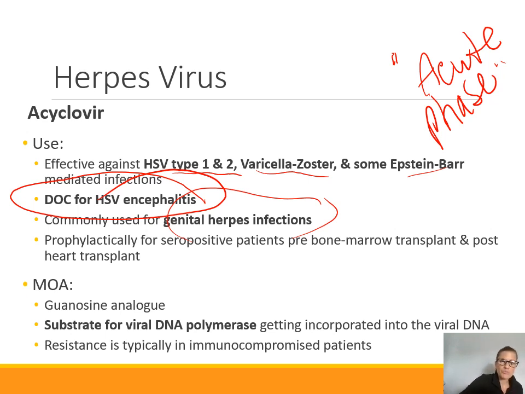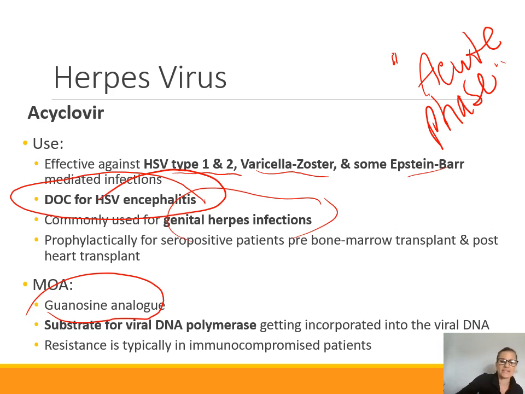It can be prescribed prophylactically for seropositive patients pre-bone marrow transplant to try and prevent infections from occurring, and post-heart transplant. Acyclovir is a guanosine analog, so it's like guanosine. However, it's not guanosine.